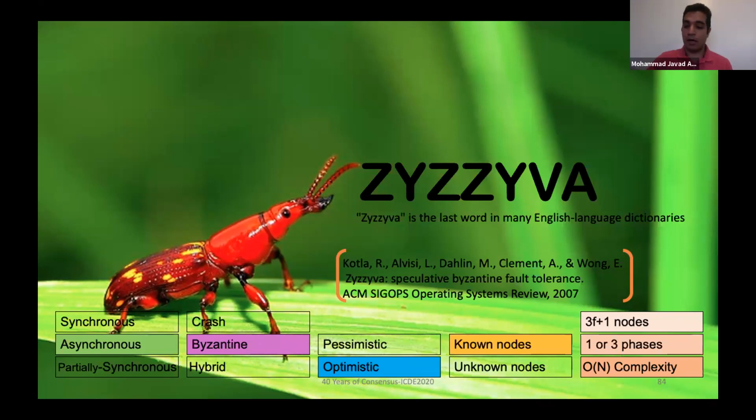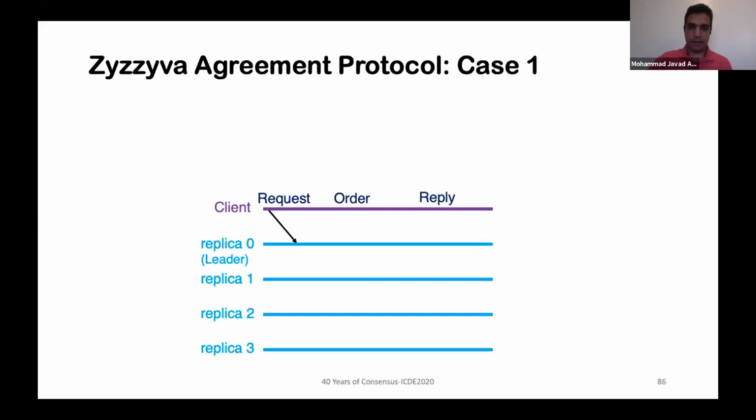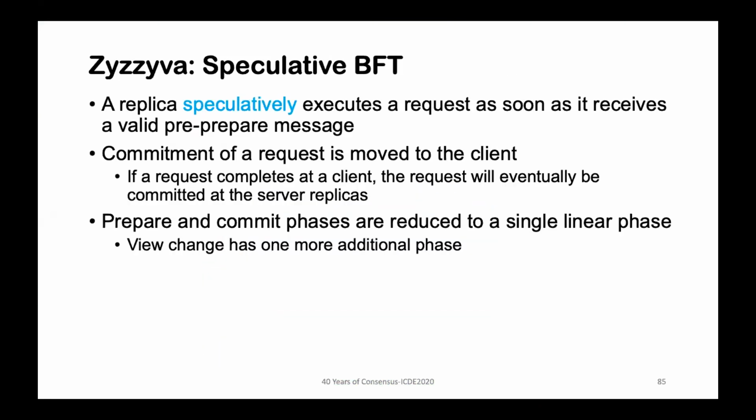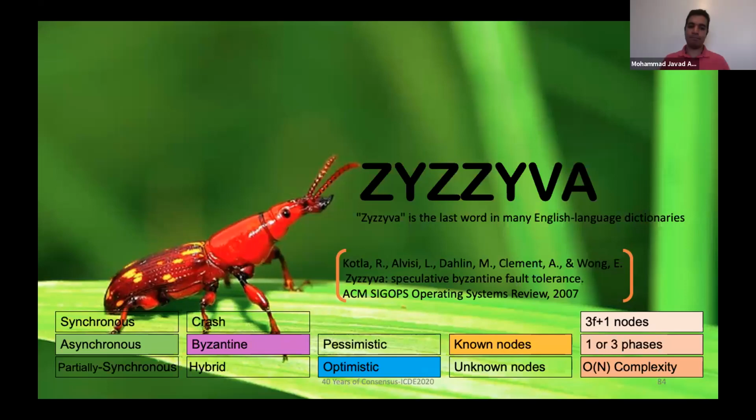Okay, so I'm going to cover this protocol in the next 5 minutes, and then we'll stop there. Yes, that sounds like a good idea. Mohammed, are you sure you'll be able to cover Zyzzyva in 5 minutes? I think I can. Yeah, let's try.